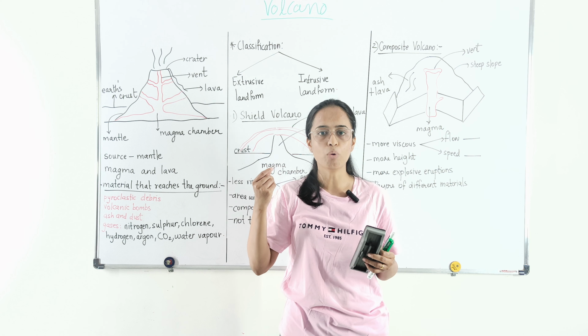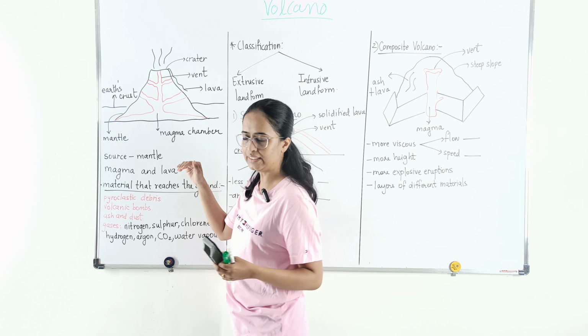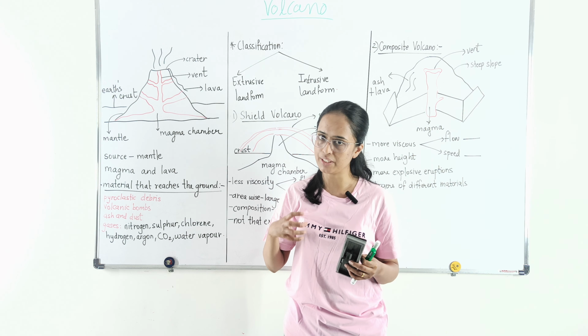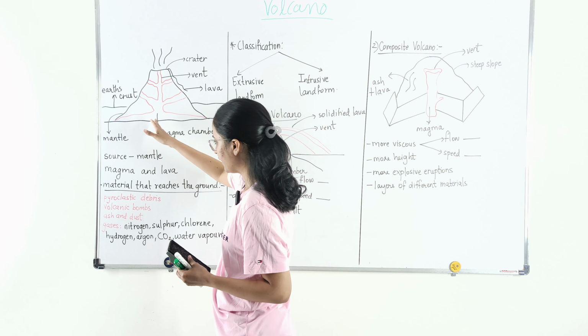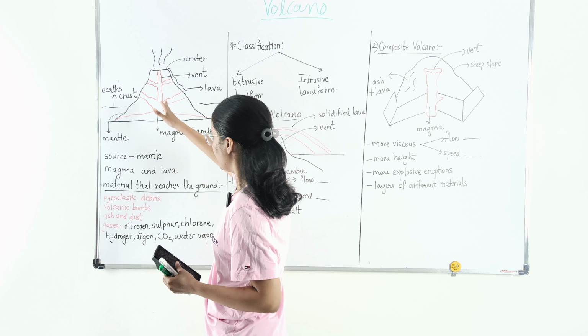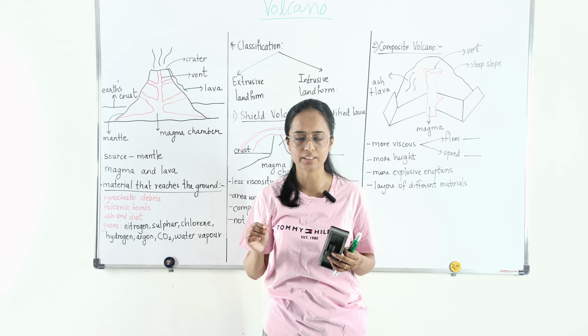That is, it has got molten material in it. So here if you see, this magma chamber is nothing but the asthenosphere of the interior of the Earth, और यहाँ से एक vent open होता है, and through this vent the magma goes up to the surface of the Earth or to the Earth's crust.